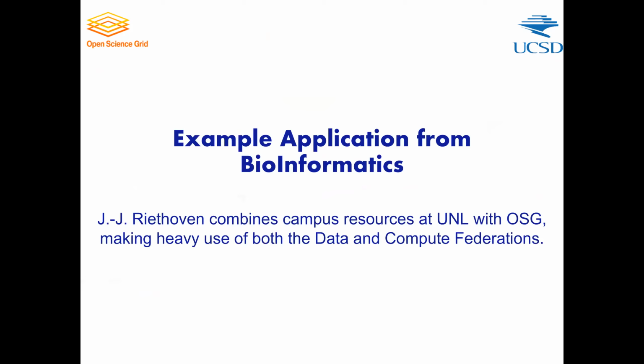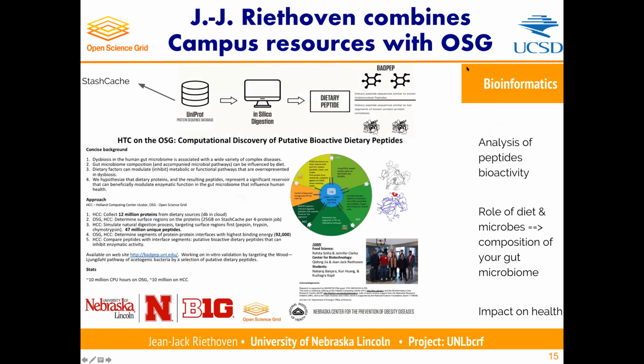In other words, he's got data, he needs to compute, and some of his computing happens to be only local at his home institution, and some of it is sufficiently flexible that it can scale out elastically into the entirety of OSG. And that kind of arrangement is a very powerful way of thinking about how do I make best use of OSG. And so here's what he does.